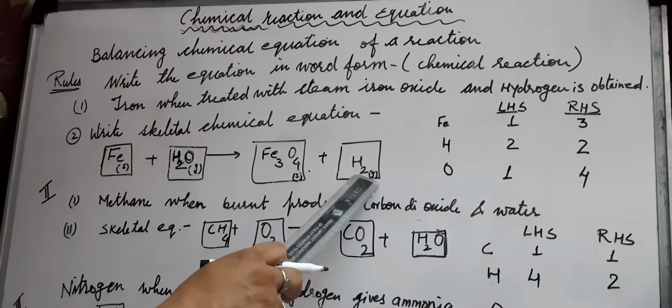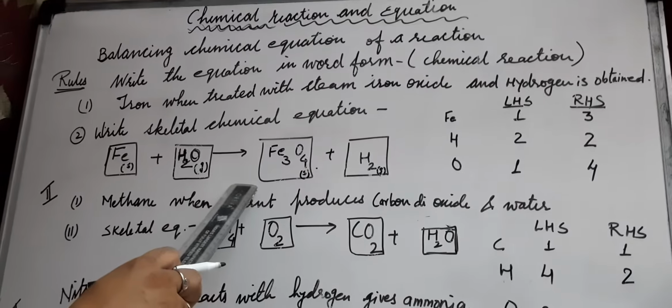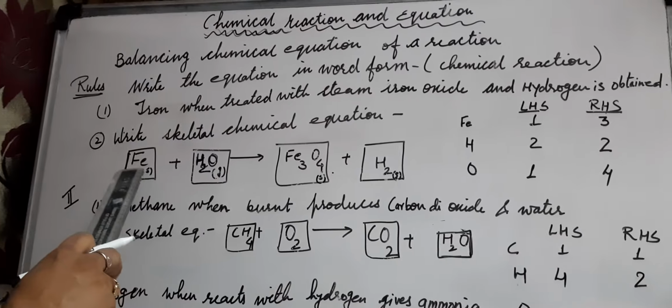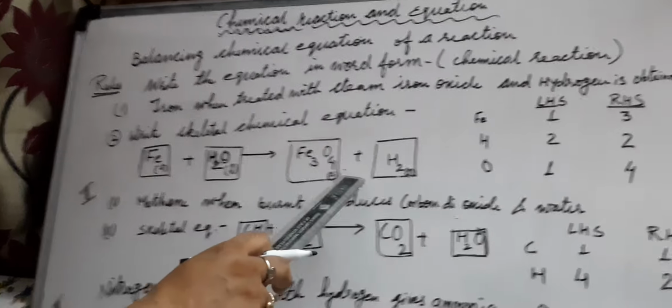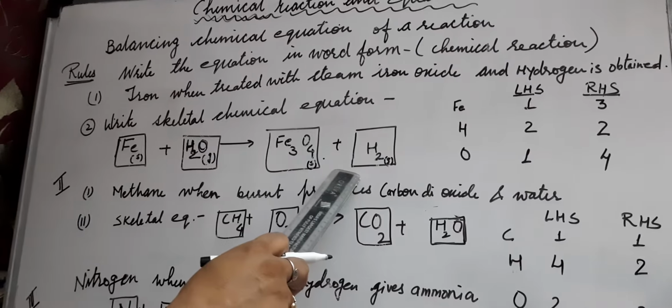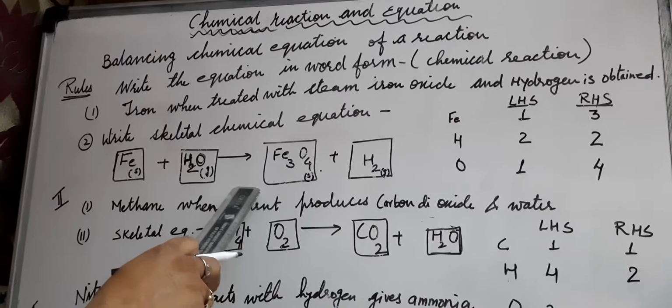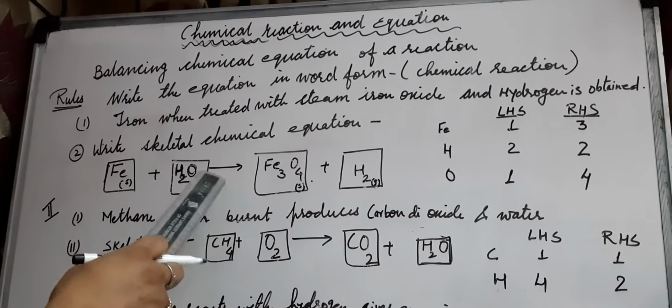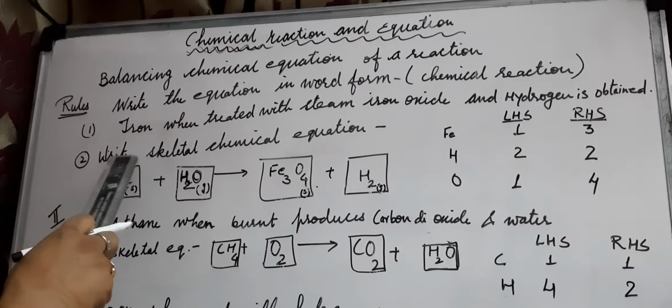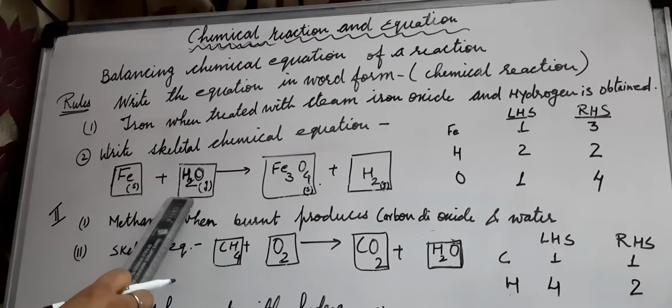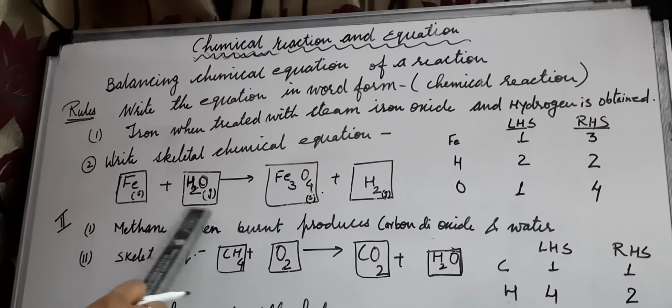evolves out. To balance this equation, balancing means the number of atoms on the LHS should be equal to the RHS. So we are balancing now by following certain rules, and the first rule is to enclose all the symbols and formulas in a box.